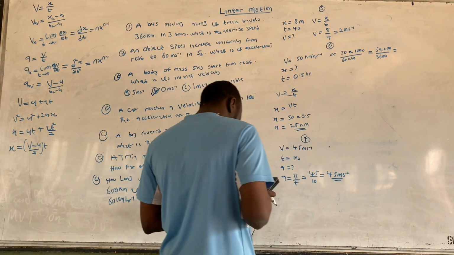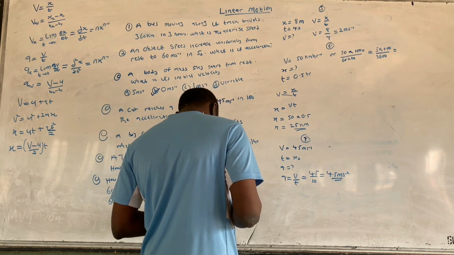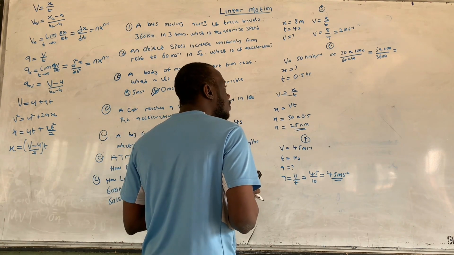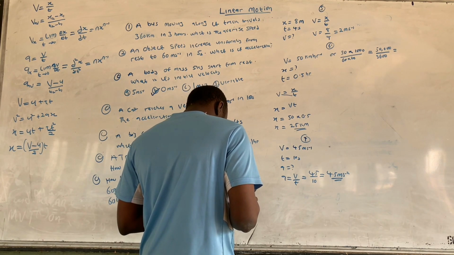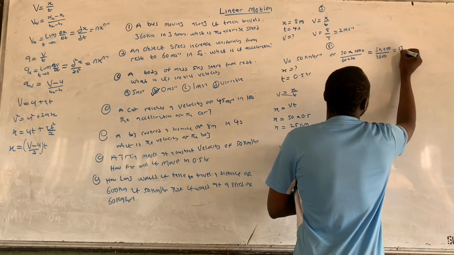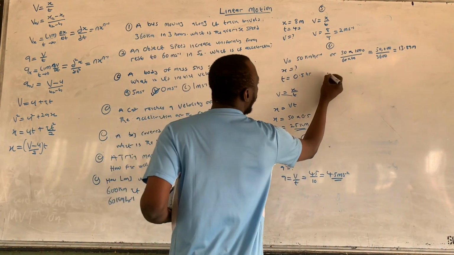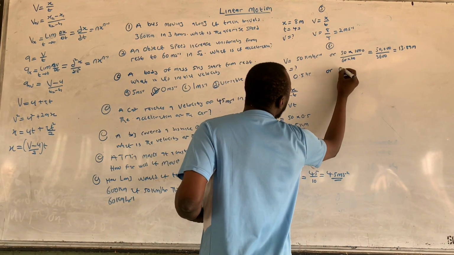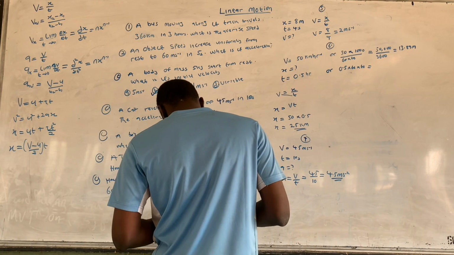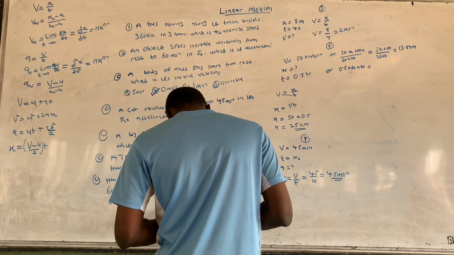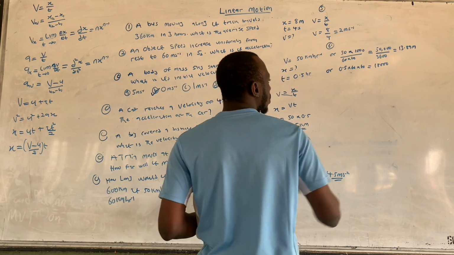We have something like 50 times 60 over 60 times 60, which equals 13.89 meters per second. Then this time you convert from hours to seconds: 0.5 hour times 60 times 60 equals 1,800 seconds.